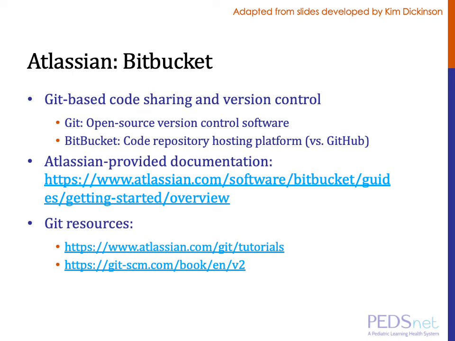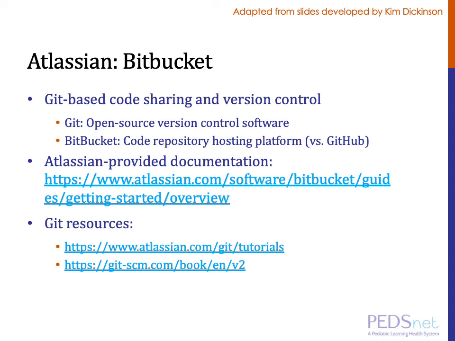We also use Bitbucket, which is a Git-based code sharing and version control platform. It's important to make the distinction between Git, which is the open source version control software, and Bitbucket, which is the code repository hosting platform, similar to GitHub, but we use Bitbucket.